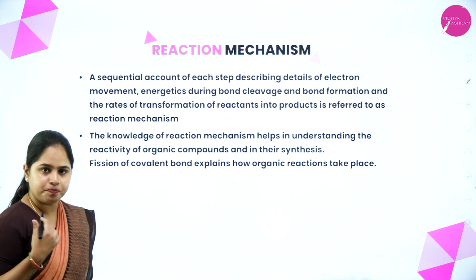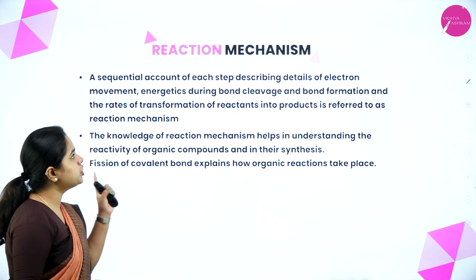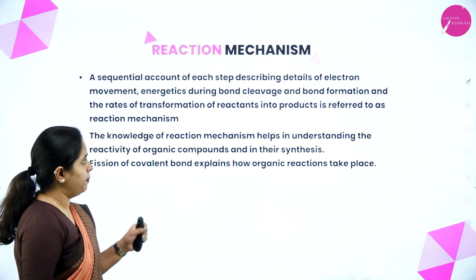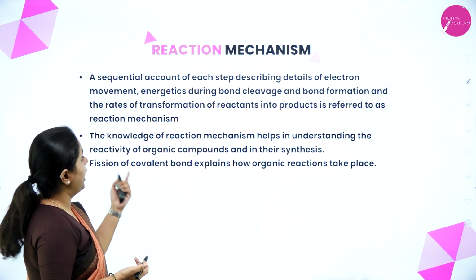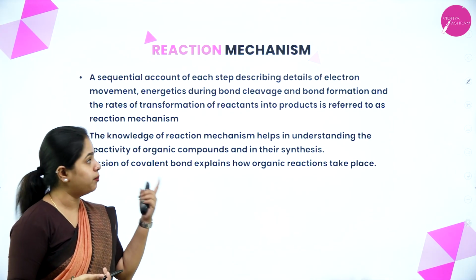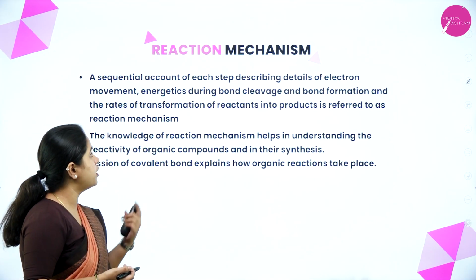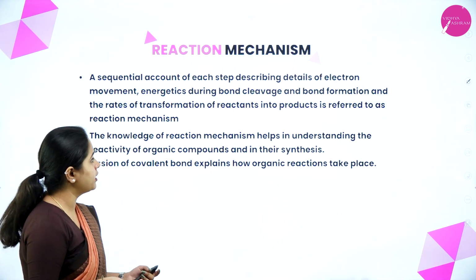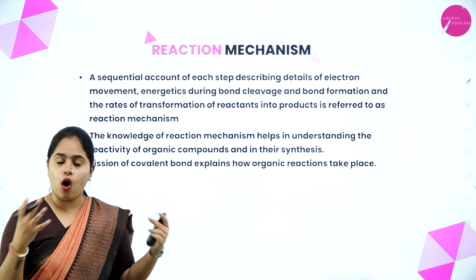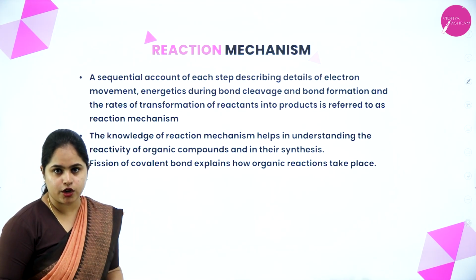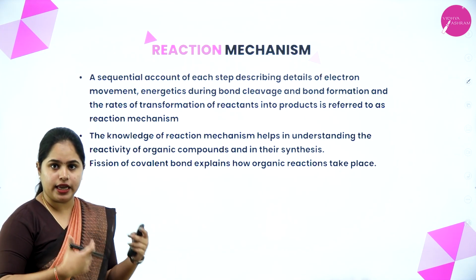Now coming on to the details of it. A sequential account of each step describing details of electron movement, the energetics during bond cleavage and bond formation, and the rates of transformation of reactants into products is referred to as reaction mechanism. So these are the details about the movement of electrons, the energy release and energy absorption.